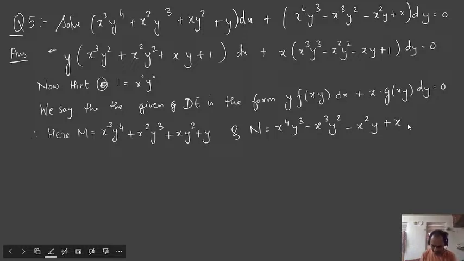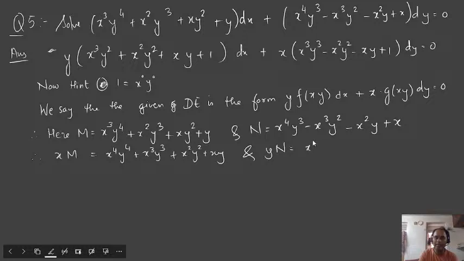This is the M. So what you do here is you multiply by x first, so this is x raised to 4 y raised to 4, x cube y cube, you know, in order to just get the powers alike. So x square y square plus xy, and here you multiply yN.